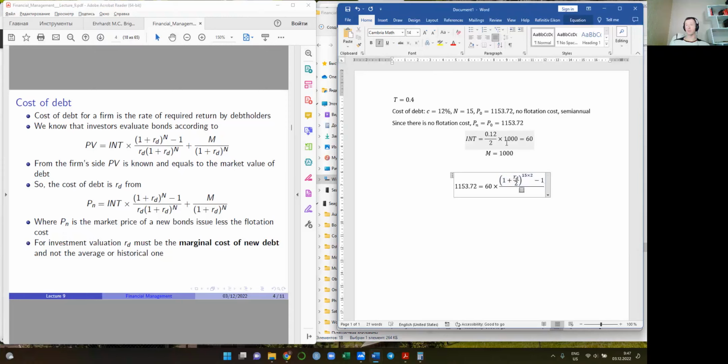For those who forgot about bond valuation, welcome back. We still need this thing. So here and here divided by 2. This is the denominator plus 1000 divided by this. So this is the equation, and from this equation we need to express this RD.